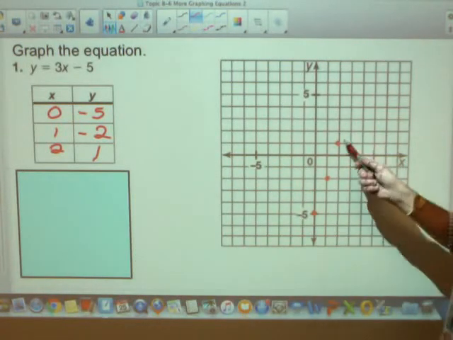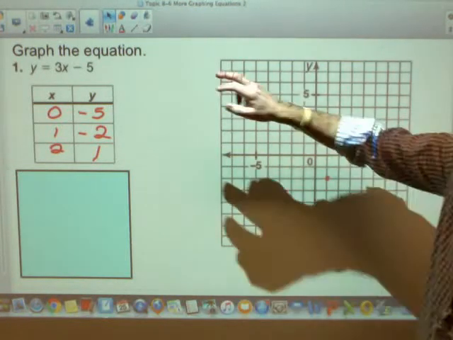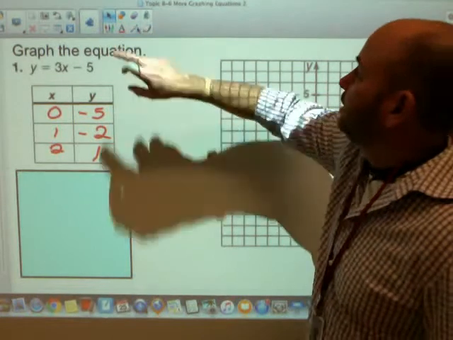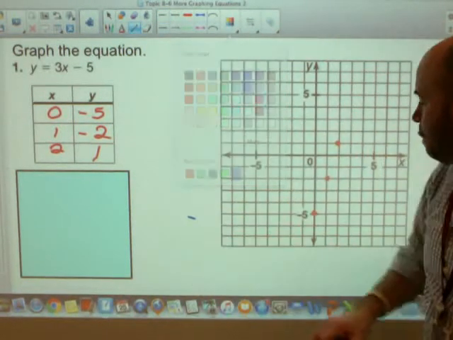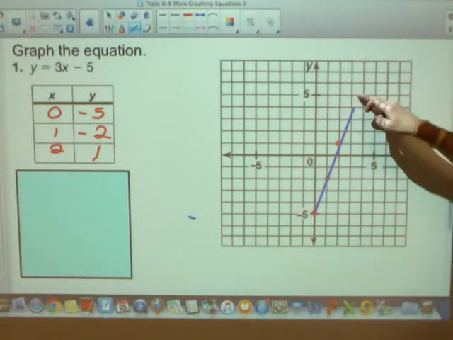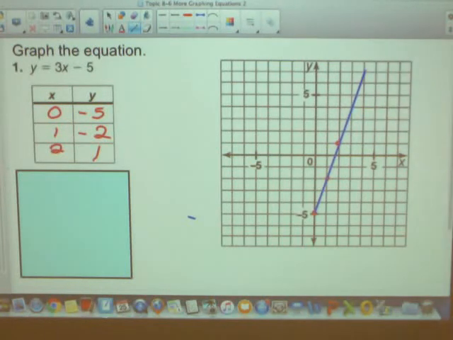Now look at my nice straight line here. That's kind of neat because I have my 3 points there. So now I can draw my line on there, just like so. And that's what it looks like. Pretty close.